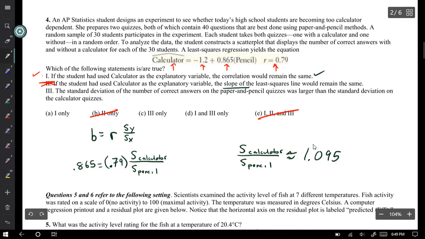Well, if you're taking a number and dividing by another number and you get 1 point something, this number is bigger than this number. The calculator standard deviation has to be greater than the pencil standard deviation. So let's read this. The standard deviation of the number of correct answers on the pencil is larger. Well, we just disproved that.